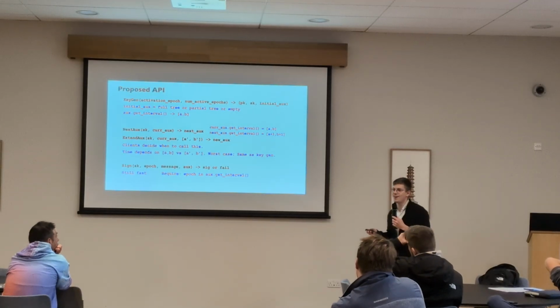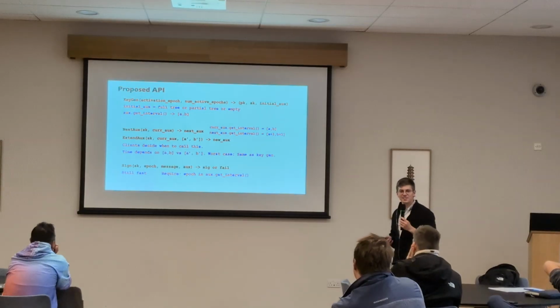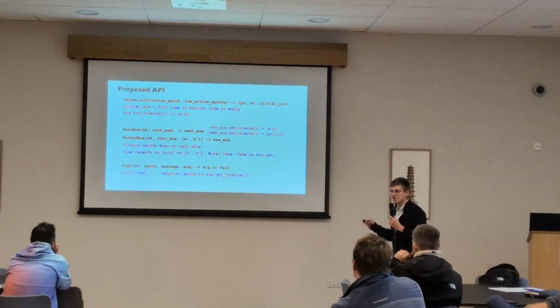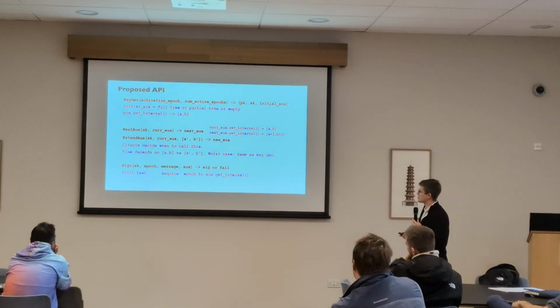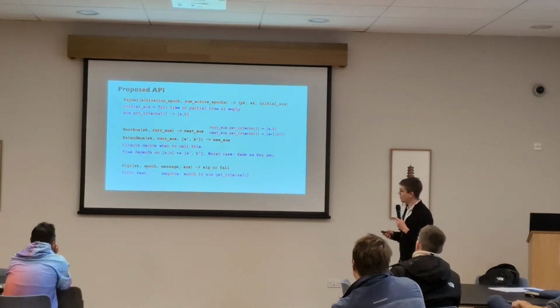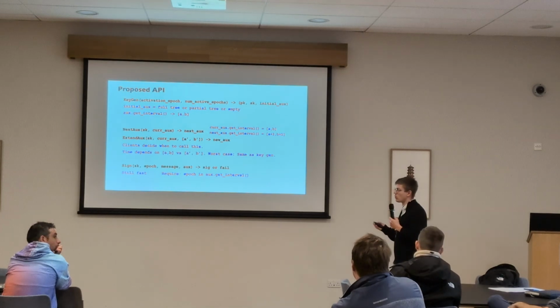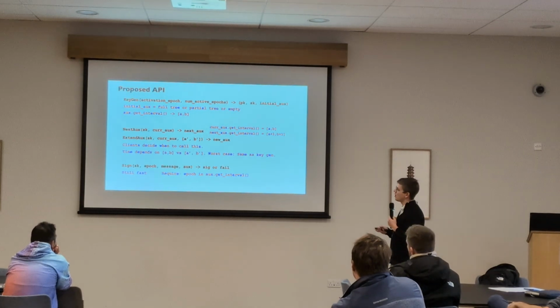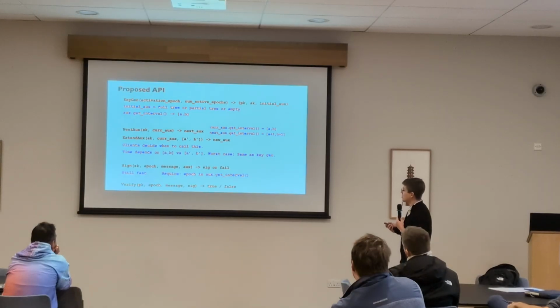I think Mike corrected me, it's half as long as KeyGen in the worst case, but maybe not. If you go from the left subtree to the right subtree, this takes long. And then clients would need to decide when to call this, whether to store this in memory and read it, or whether to throw it away and so on. Yeah, so this is one way to do it. Verify would be the same, of course.